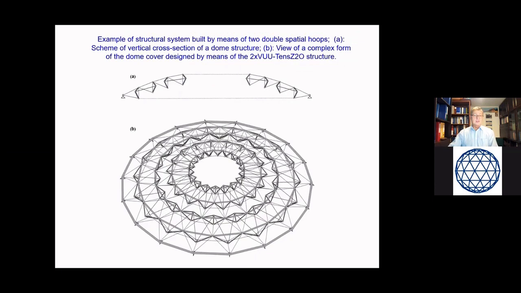The huge double spatial hoops can be multiplied inside the inner area of the cover, like it is shown in this drawing. Due to the previously mentioned reasons, it can be the bearing structure of a roof cover having a huge clear span.